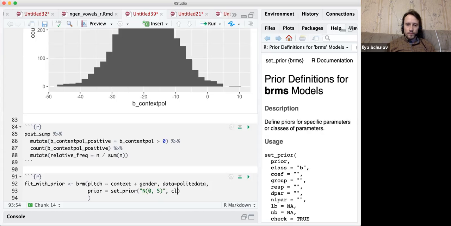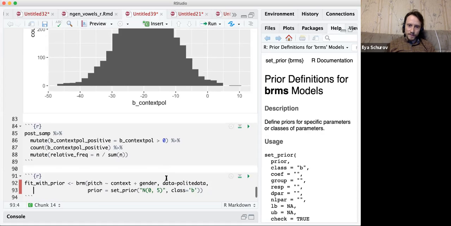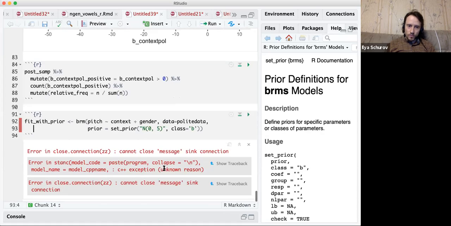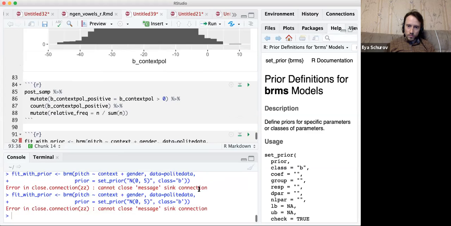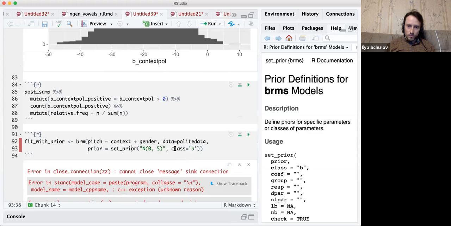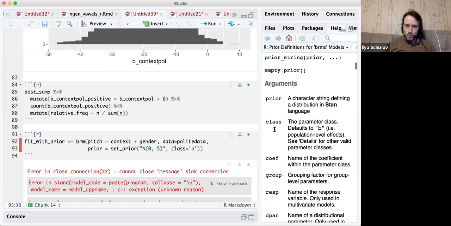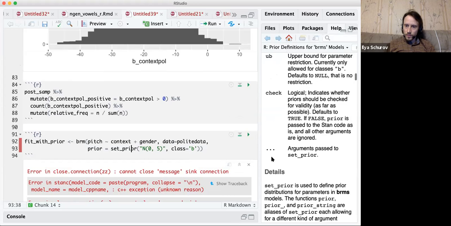And I have to put some magic here, class B. And I think it should work now. Let us try. No? It used to work previously.